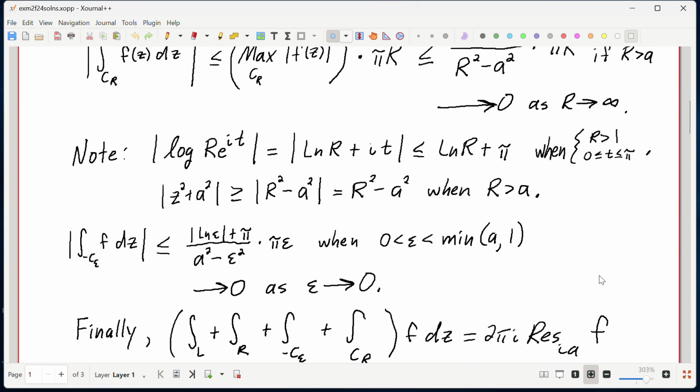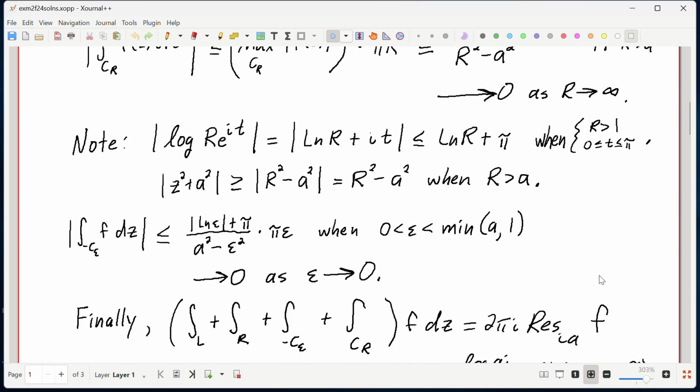When you do it for the C epsilon curve, it's all exactly the same. The numerator estimate would be the same. But by the way, when epsilon is small, the absolute value of log epsilon is important, because log epsilon for small epsilon tends to minus infinity. So you certainly don't want a minus infinity on the right-hand side. That's one thing to be careful about.